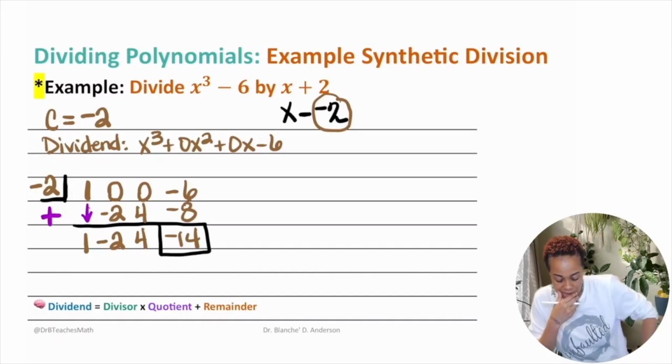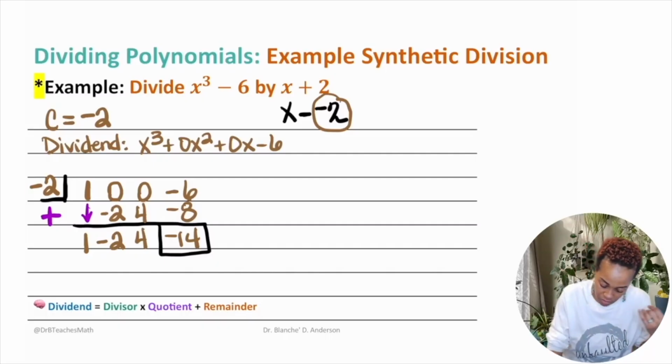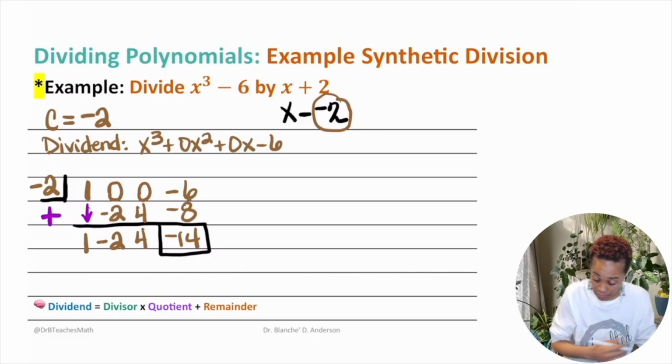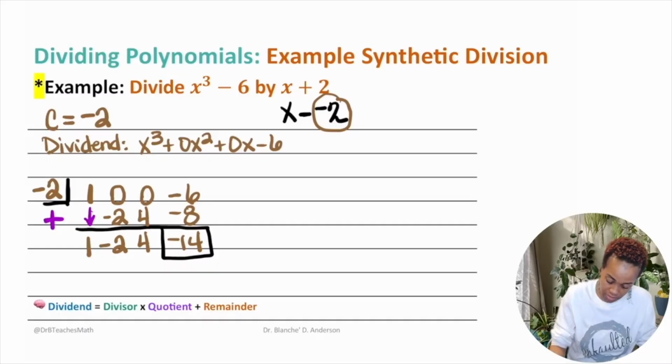Yep, that's my remainder. Now if I'm switching back from coefficients to variables, because my dividend started with an x cubed, this needs to now start with an x squared. So if I were to rewrite this, this is 1x squared, minus 2x plus 4.